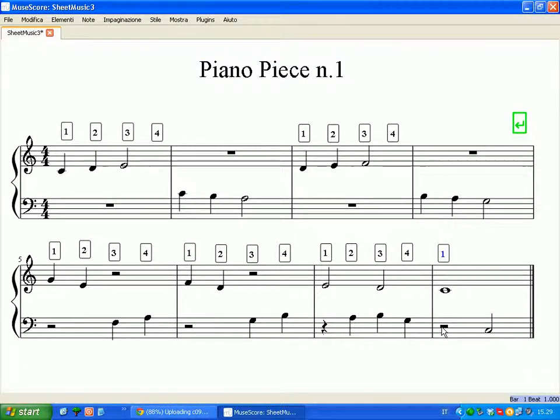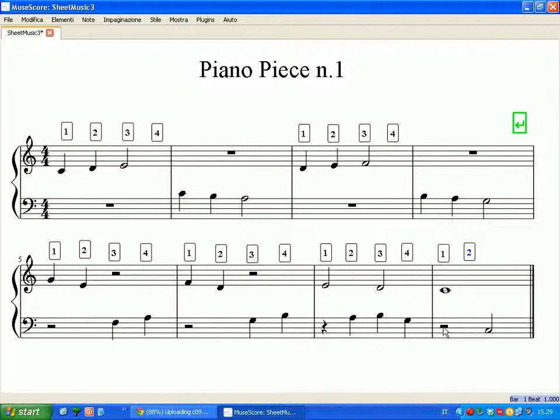Here on the right hand staff we have a rest lasting 2 beats. So of course in this case we are going to have 2 different beats for this rest. So the first beat and the second beat. These 2 beats will be inside, we could say, this rest.